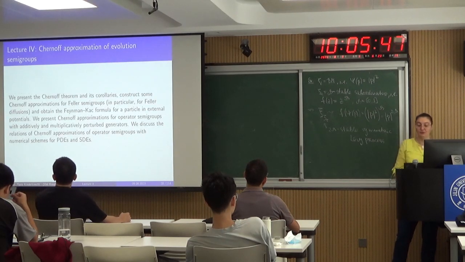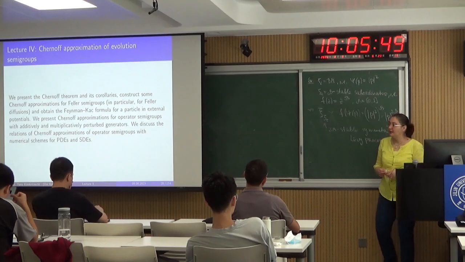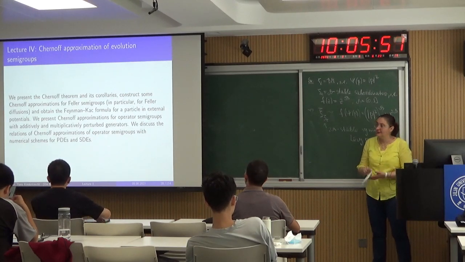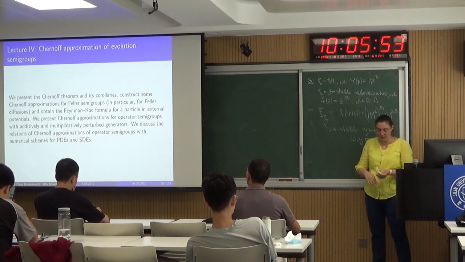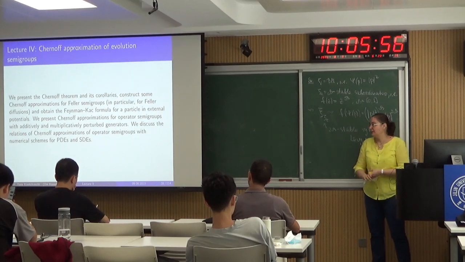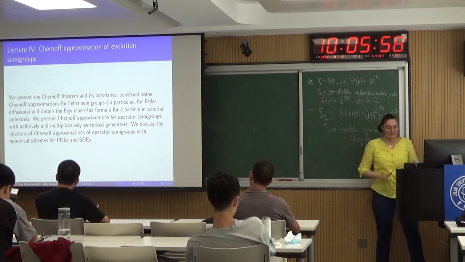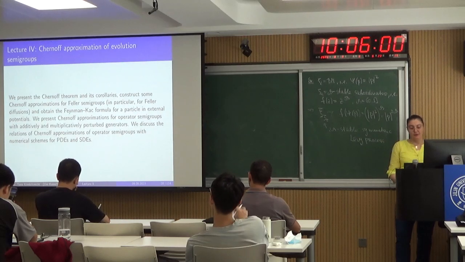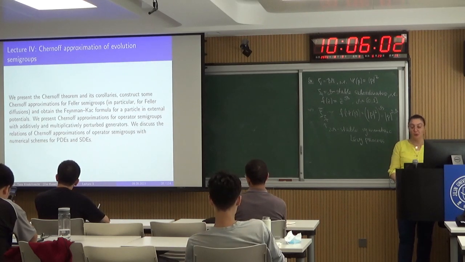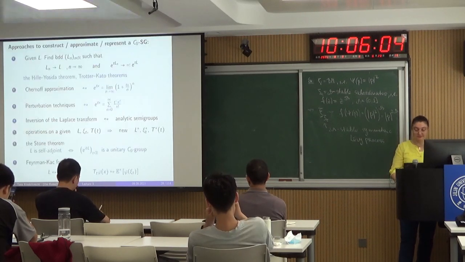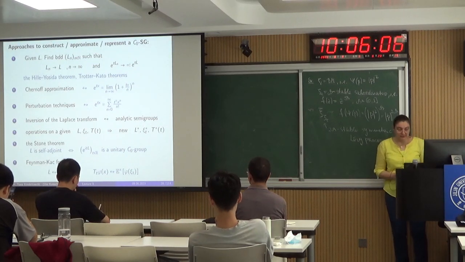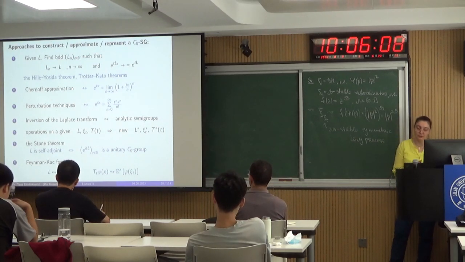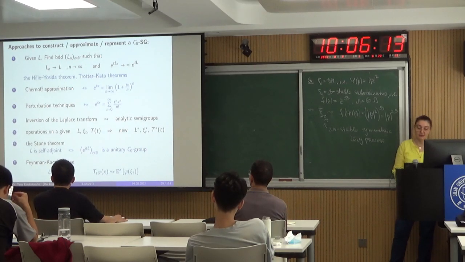And we start lecture 4. The slides are as it was planned in advance for lecture 4, but we discuss as much as we will be able to discuss. Okay, so the topic of this lecture is Chernoff approximation. I recall to you that there are many different approaches to construction, approximation, and representation of strongly continuous semigroups.